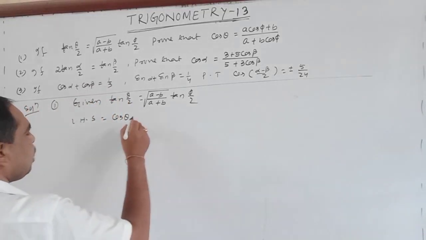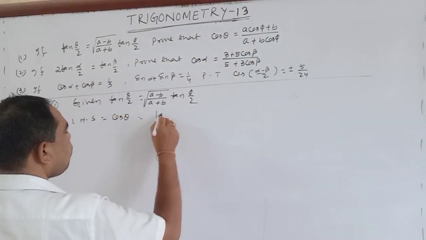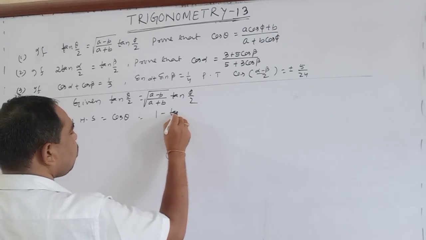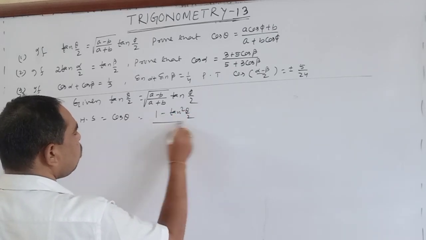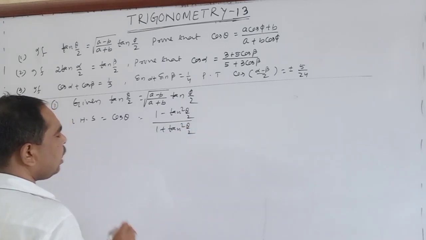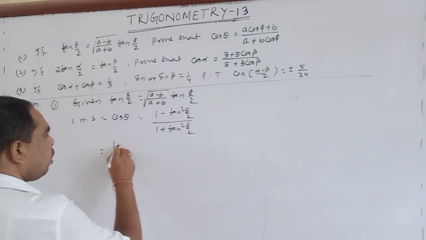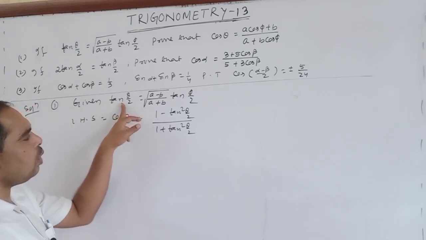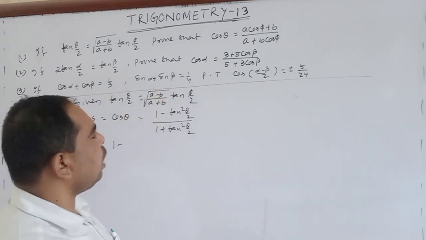So this is equal to 1 minus tan square theta by 2 divided by 1 plus tan square theta by 2. What is tan theta by 2? Square root of a minus b by a plus b tan phi by 2.